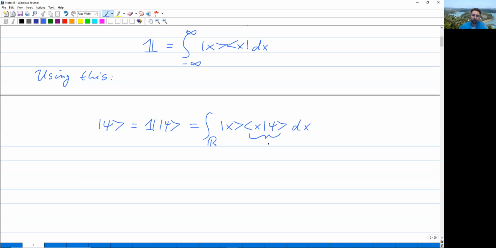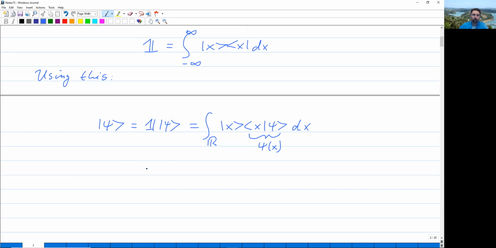This is, of course, the wave function of psi in the position basis, right? Whenever we have a state on the right and then some basis on the left, we call these overlap functions the wave functions. So this is the position wave function of our abstract state psi in the Hilbert space.